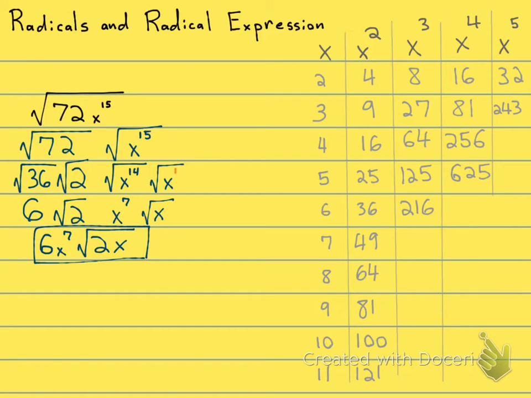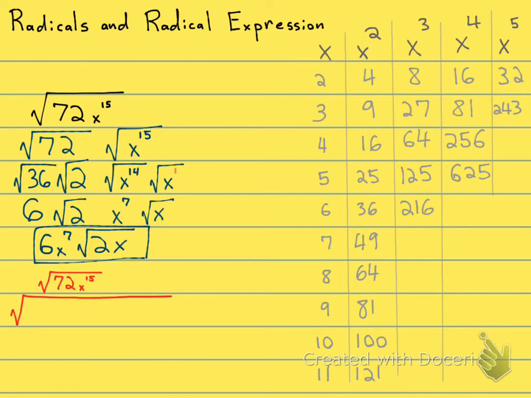If you want to see me do this another way, I'm going to do it another way right below. I'm going to do it the long way. So here's the same radical, the square root of 72x to the 15th, and let's say I break this down as small as I can. Now I'm going to break the number 72 down into prime numbers.